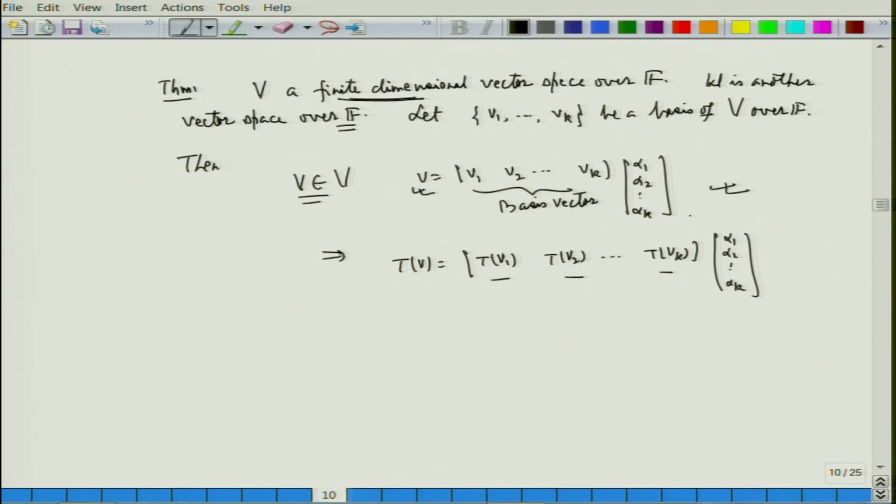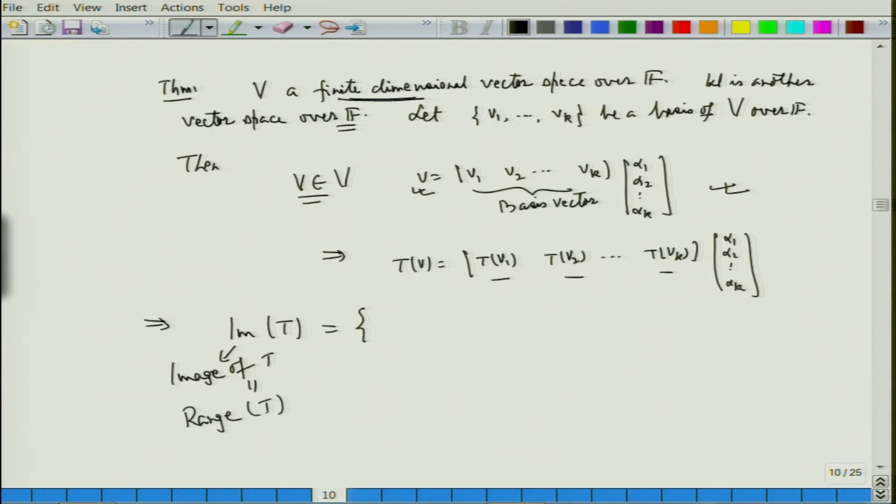So from here, if I want to look at the image of T, what is the image of T? This is also called the range of the function.